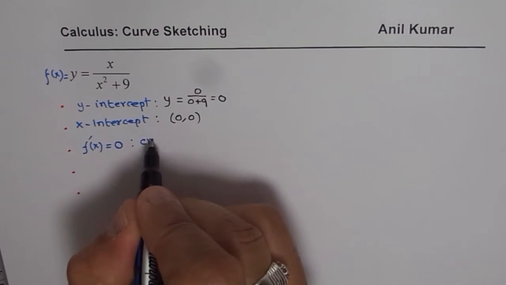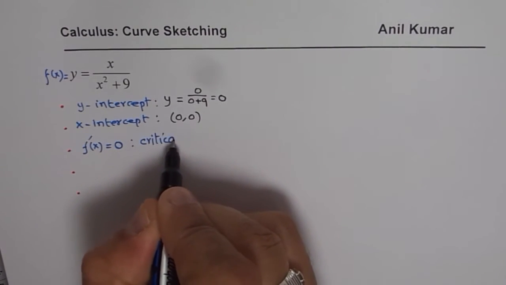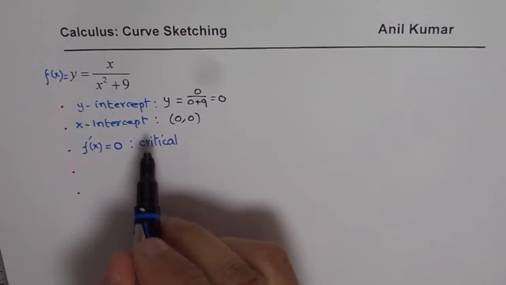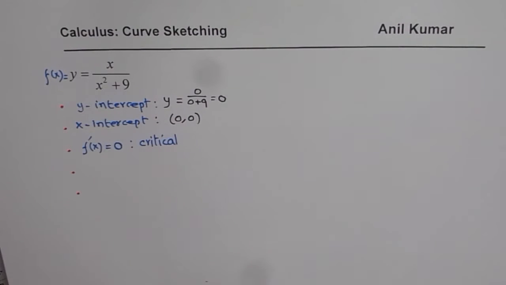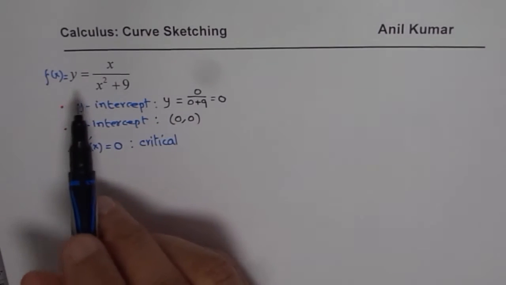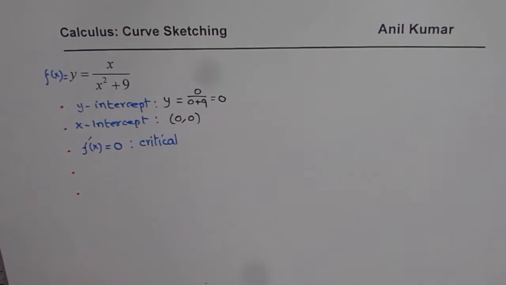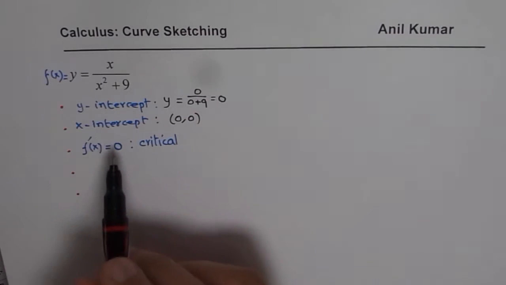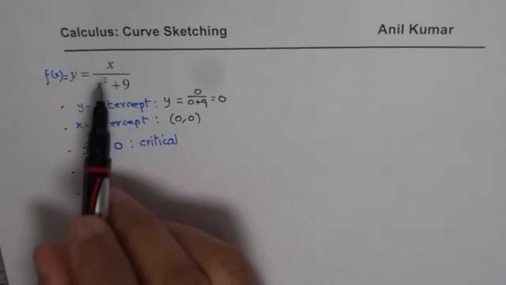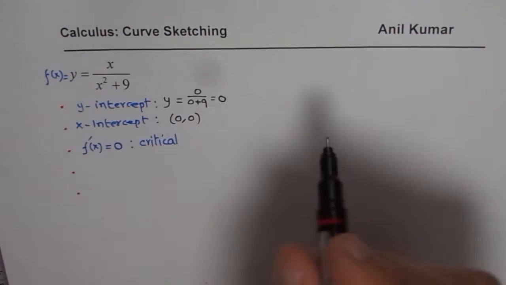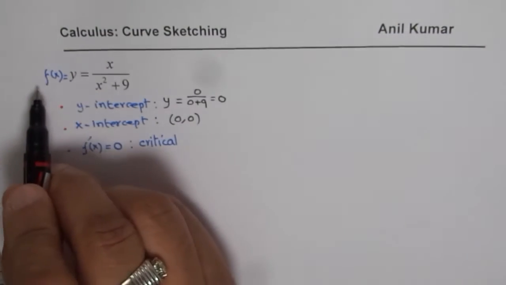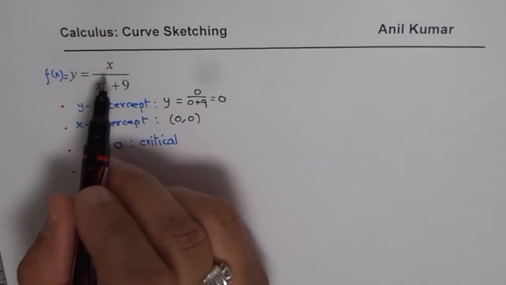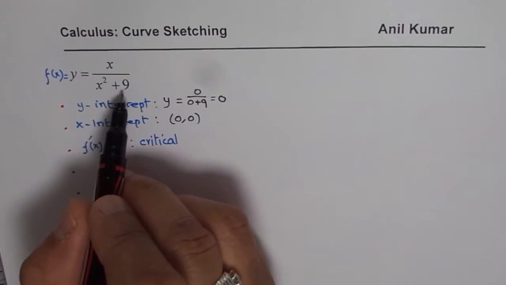These critical points help us to find local maximum or minimum values. So let us find its derivative and then we'll see what the local maximum and minimum could be for the given function. So in this case, we have f of x equals x over x squared plus 9.